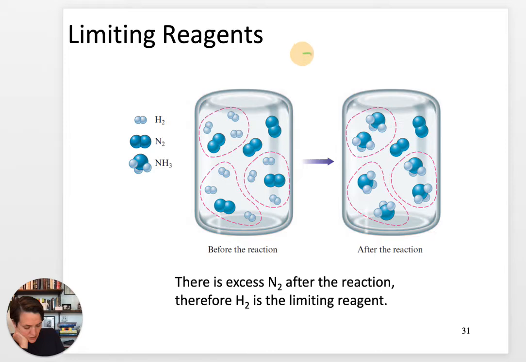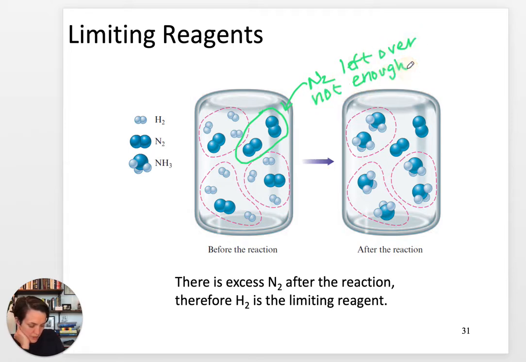So here is a vessel before the reaction, and it's showing us the quantity of our H2 and our N2 that we have. Notice for these nitrogens, we have enough hydrogens in order to form our 2 ammonias. But we have these 2 remaining nitrogens that are left over, right? There's not enough hydrogen for ammonia to form.